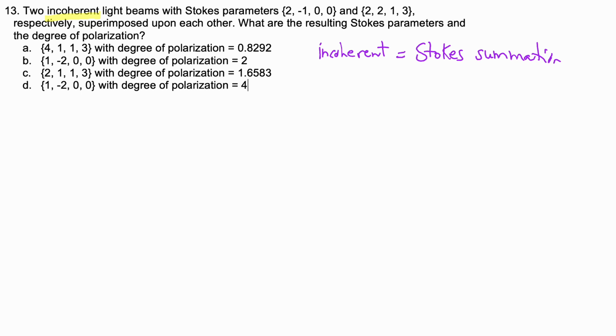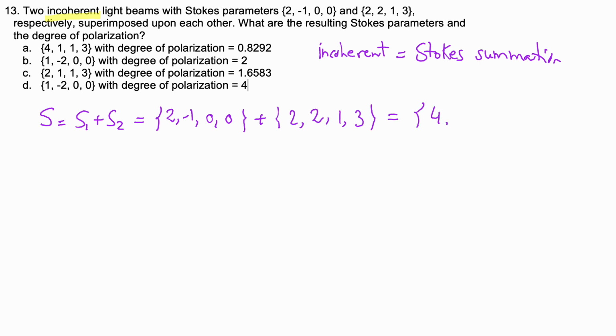So we know that the resultant line is going to have the Stokes parameters as the summation of them. And if we sum, we're going to have 2, minus 1, 0, 0, plus 2, 2, 1, 3. So we're going to have here 4, 1, 1, 3. So this is going to be the resultant. So obviously we already know that this is going to be A, but let's just check it.